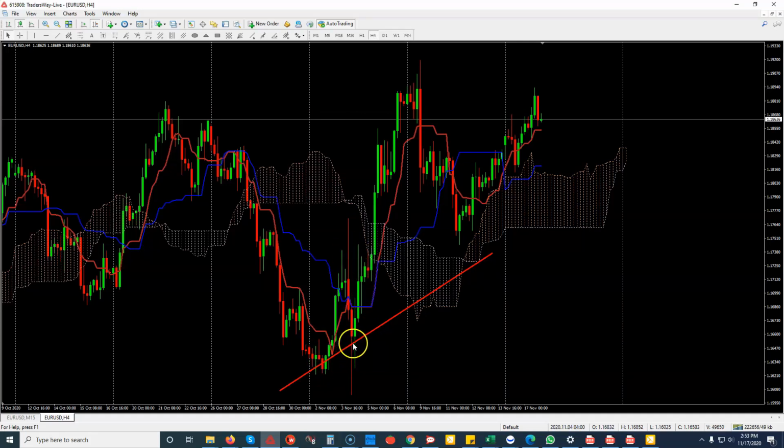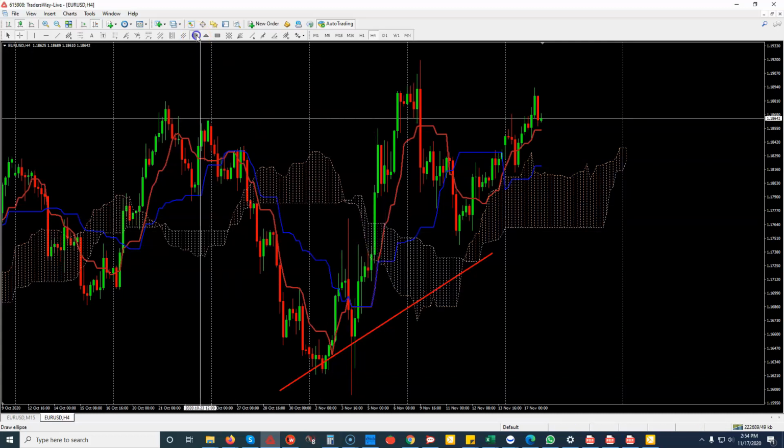So as long as we've got two points of support, we can draw a trend line. Then we're not going to do anything until we get a cross above the cloud, and then we're looking for a cross of the two lines, the Kijun-sen and the Tenkan-sen.